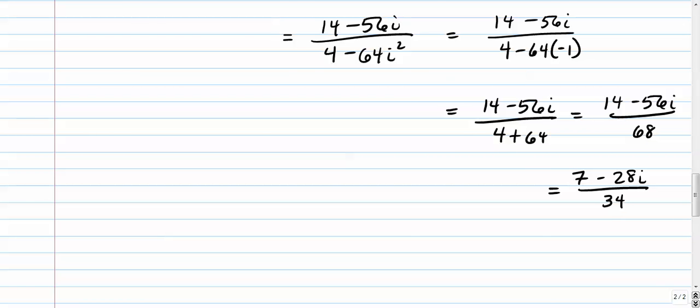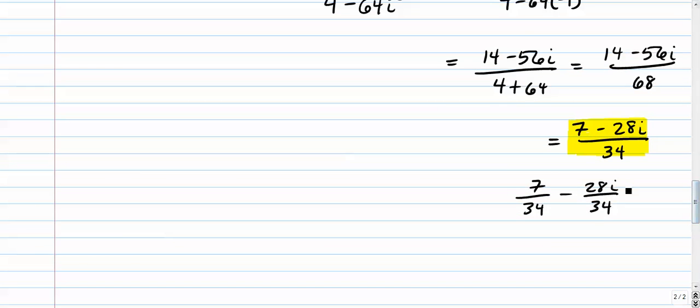And that is as simple as you're going to get it. Some teachers might actually prefer that you split up the denominator. And if you do that, then this imaginary portion can actually simplify again. But for my class, I'm going to be okay with it staying in this format right here.